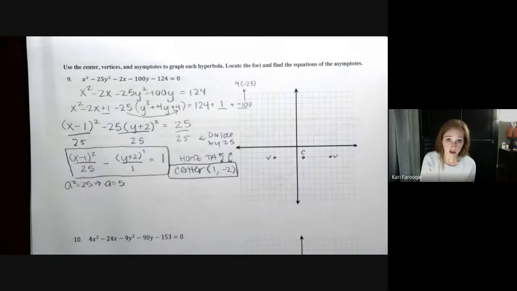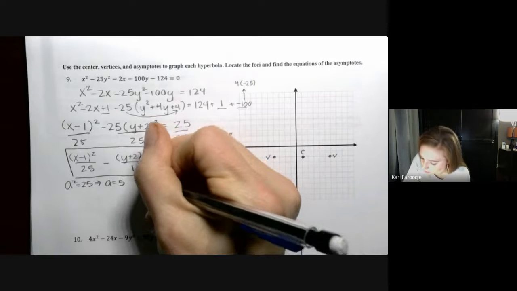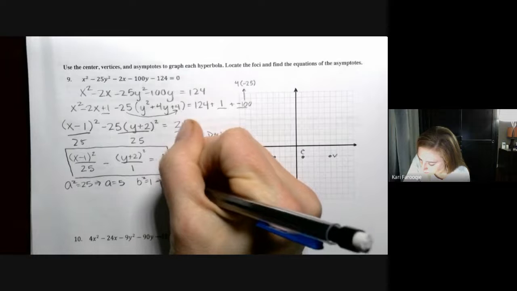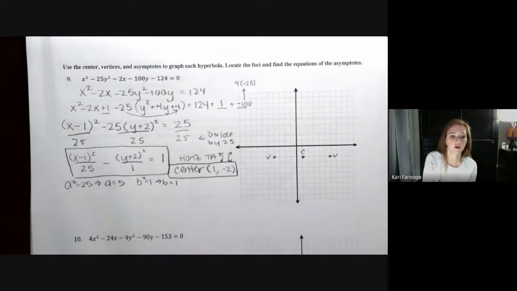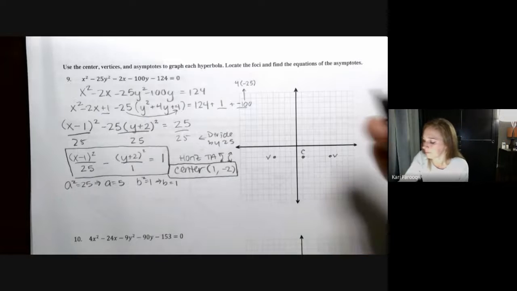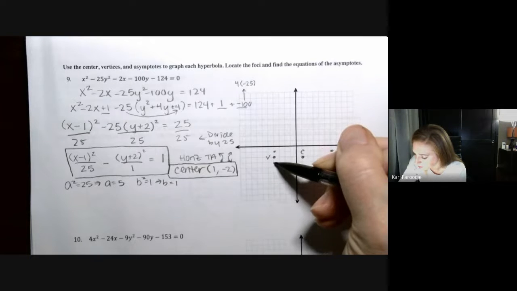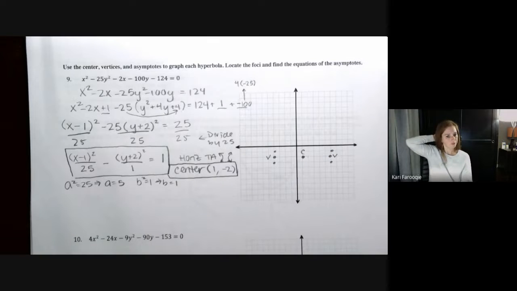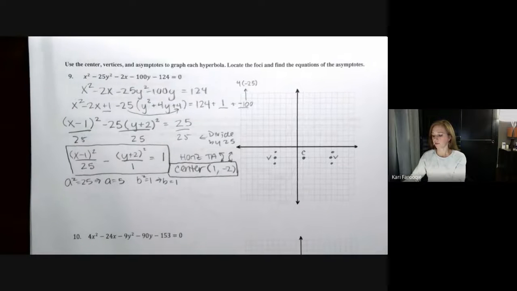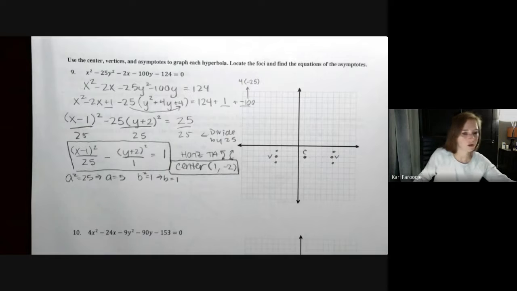Okay, so once you have your center and your vertices plotted, you're going to need to start making that box. And remember that in this case, the height of your box is dictated by b. If b squared is 1, that means that b is 1. So in order to make the box, I'm going to go up 1 and down 1 from each vertex point. And then we'll connect these points with asymptotes.